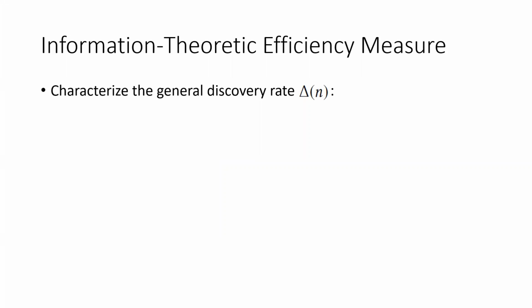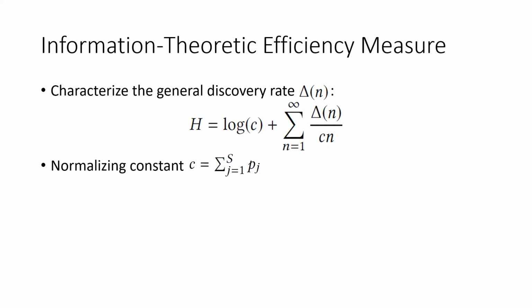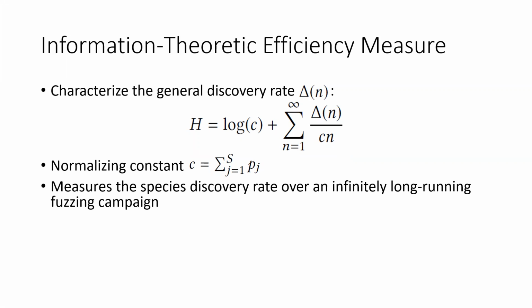Another thing they did is characterize the general discovery rate using the entropy, where C over here is just a normalizing constant. Basically this entropy measures the species discovery rate over an infinitely long running fuzzing campaign.